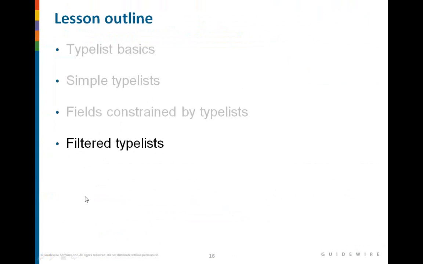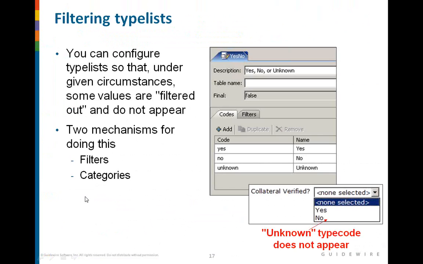So let us see. A static filter is nothing but, from the list of values, you can define different subsets. Let us take yes, no, unknown, but you want to display only yes, no, not the unknown option. In general, you would create two type lists, one with yes, no, and the next one with yes, no, unknown.